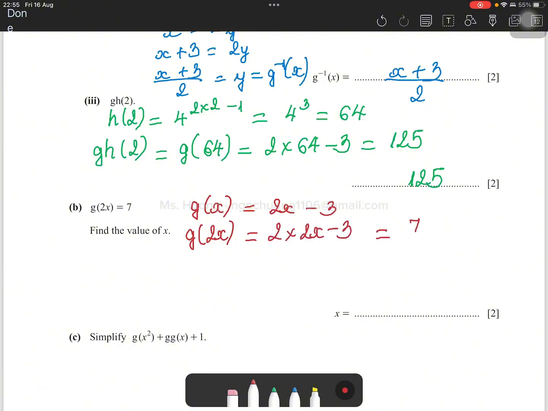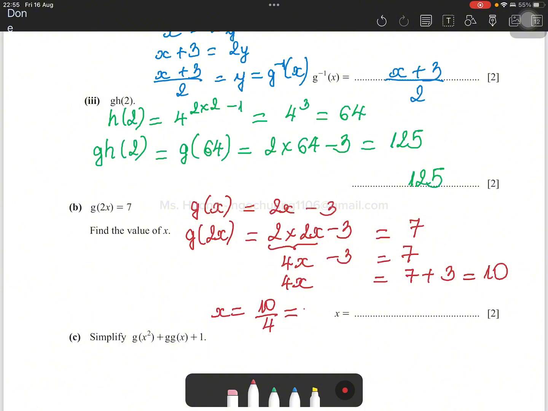And this one is equal to 7. 2 times 2x is 4x, minus 3 equals 7. To find x, we add 3 to both sides. And then to find the value of x, we divide both sides by 4. So x equals 2.5.